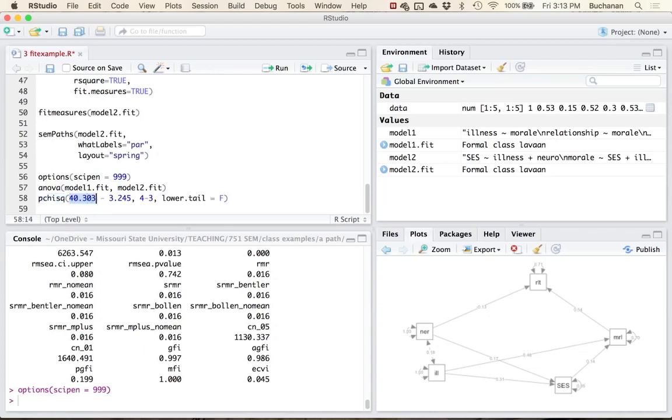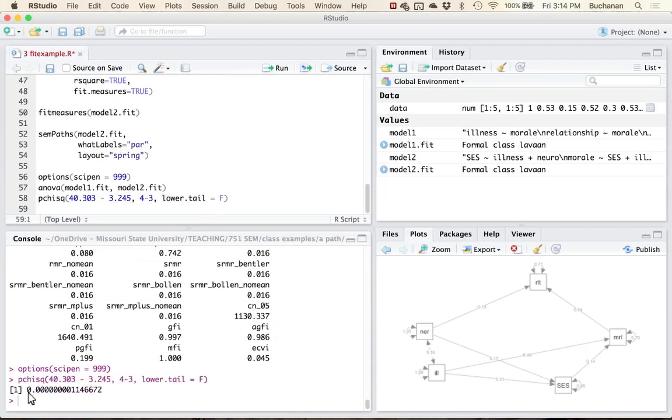I subtracted Model 1 minus Model 2 here, so that's the chi-square difference, so 37 points. 4 minus 3, that's the degrees of freedom difference, and I did that in the way that it was positive, otherwise it'll get very grumpy with you. Lower.tail equals FALSE so that I get the tail end of the distribution, which is what you want. So that p-value is less than 0.001. So a chi-square difference test says that they're significantly different.